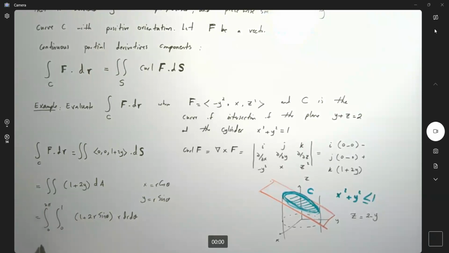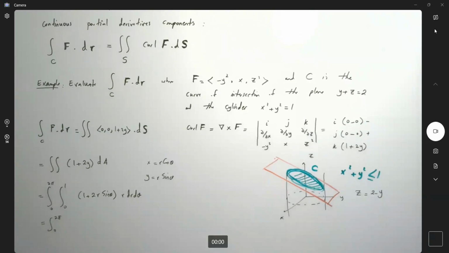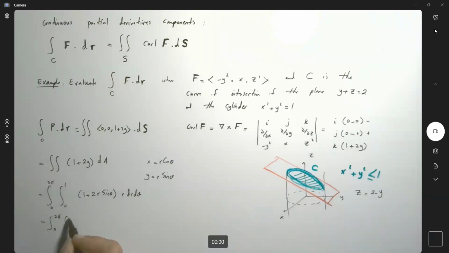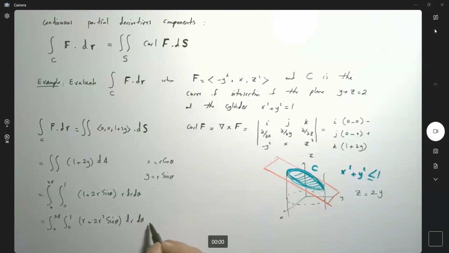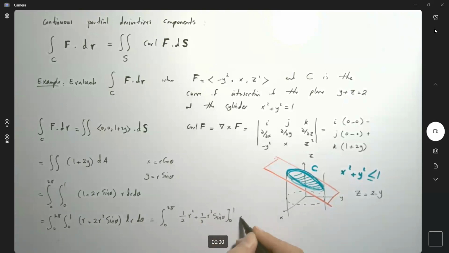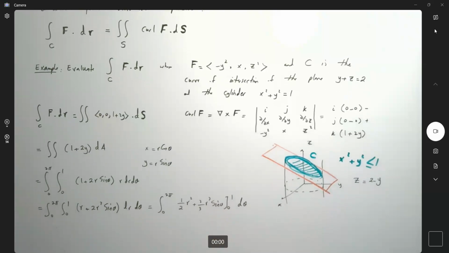You can distribute r into parentheses: the integral from 0 to 2 pi, and here you have 0 to 1 of r plus 2r squared sine theta, dr d theta. This becomes the integral 0 to 2 pi of a half r squared plus 2/3 r cubed sine theta, from 0 to 1, d theta.